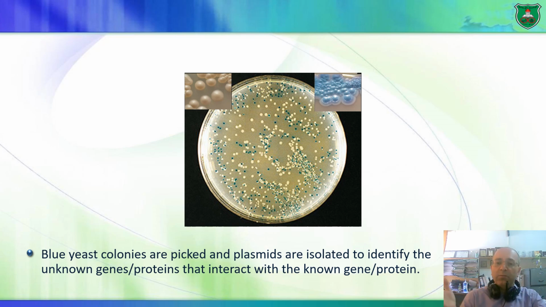We then open up the yeast cells, releasing the two plasmids, and we take the plasmid that contains the Y gene that produces a protein that interacts with the protein X, and we identify this gene using sequencing, PCR, and all of the other techniques that we'll be talking about, immunoblotting, whatever, all of these other techniques that we have talked about and the ones that we will talk about in the coming lectures.